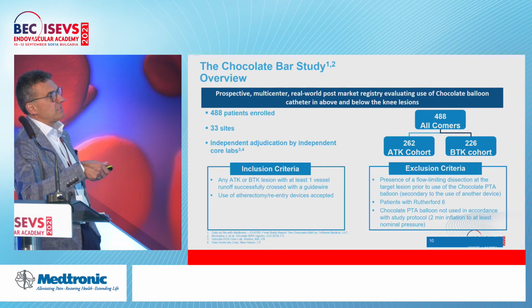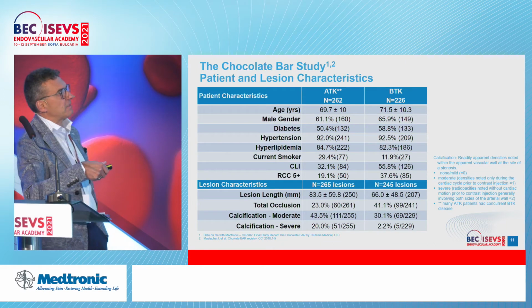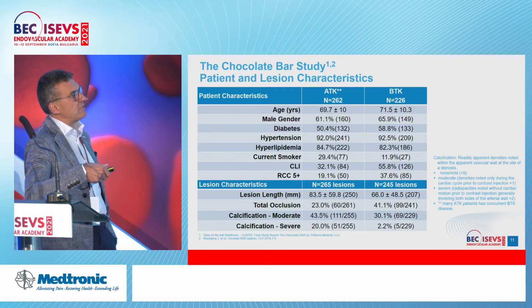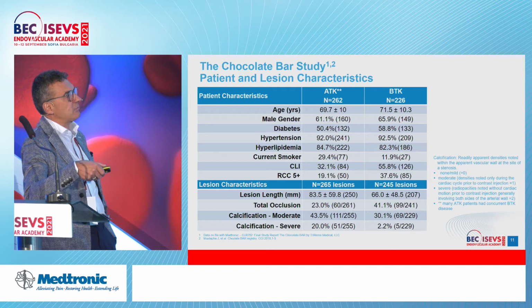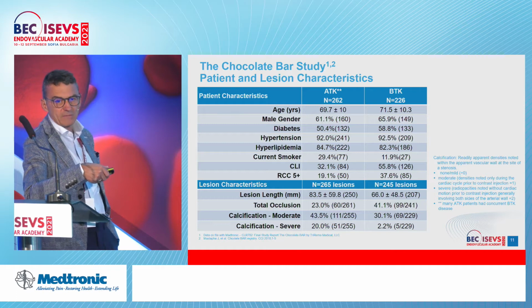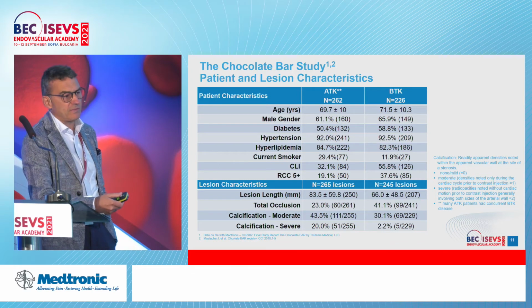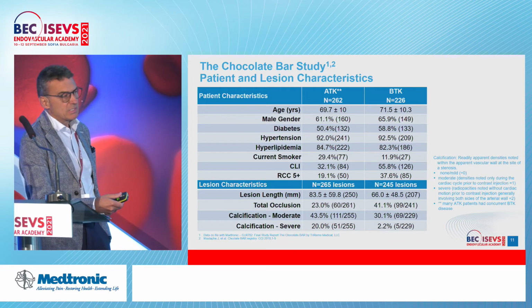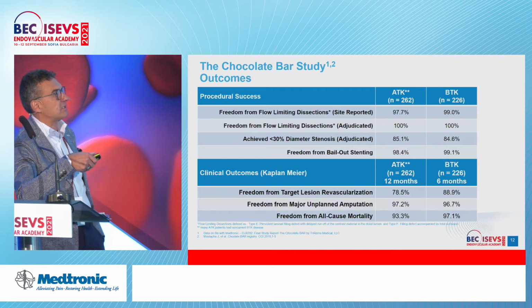They are evenly 50 to 50% distributed, and from here it's very nice to see that multiple risk factors patients, with more than 20% total occlusions and with significant calcification. What we have spoken, the calcification is the enemy of even and predictable inflation. So this is quite a complex cohort of patients that was studied.